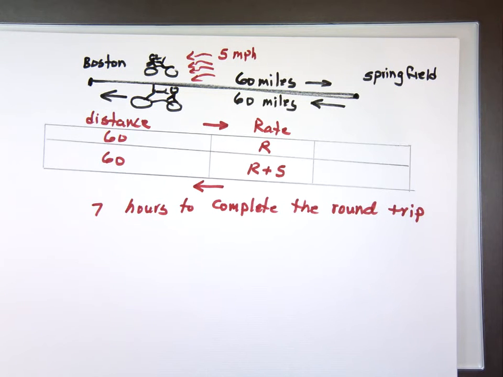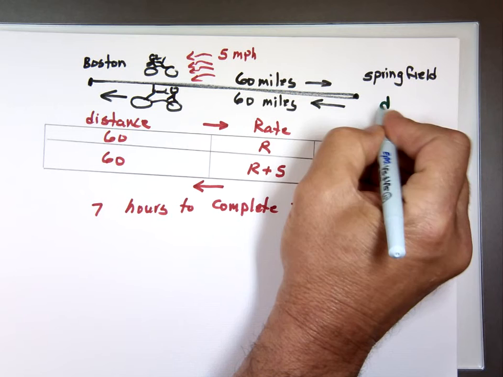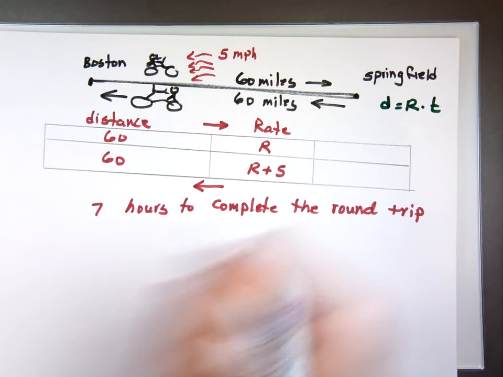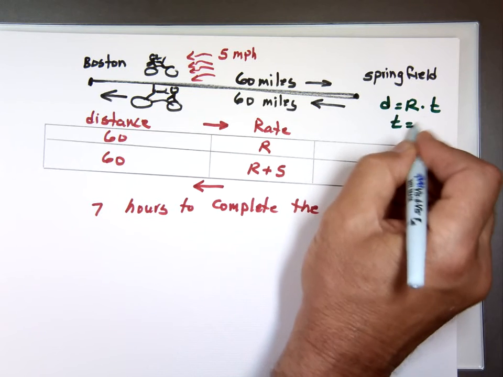What is that equation? Anyone? There's one equation that ties distance to rate to time. Distance equals what? Rate times time. Or you can rewrite that: time equals distance over rate.